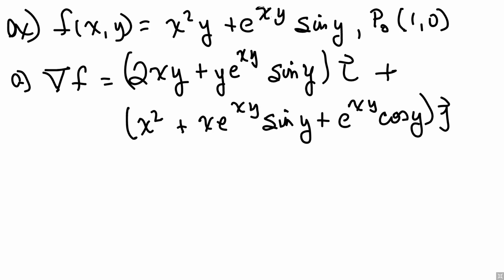Okay, so next, we're going to find the value of the gradient at p sub 0. So if I put the point (1, 0) into this, what will I get?